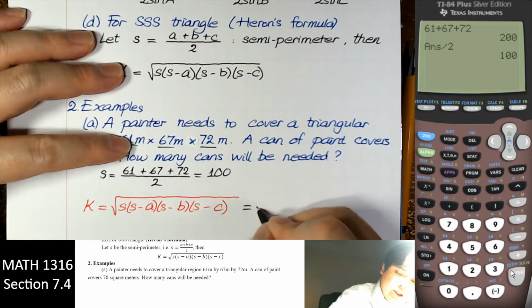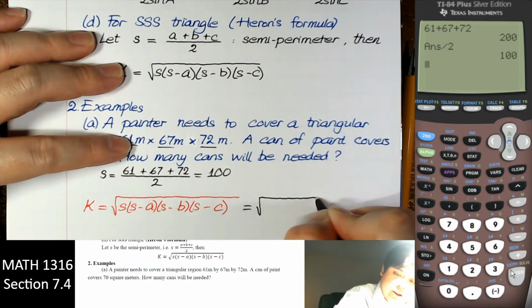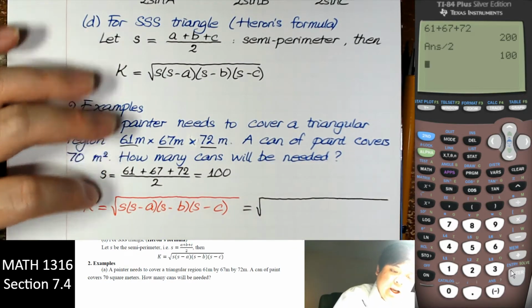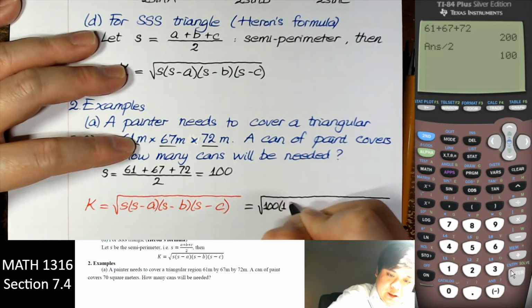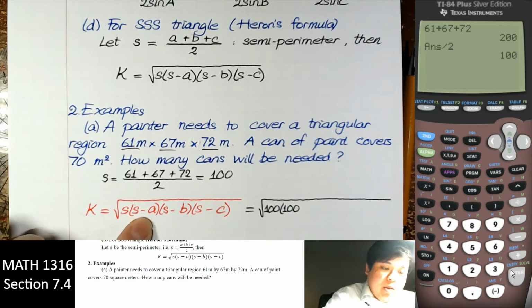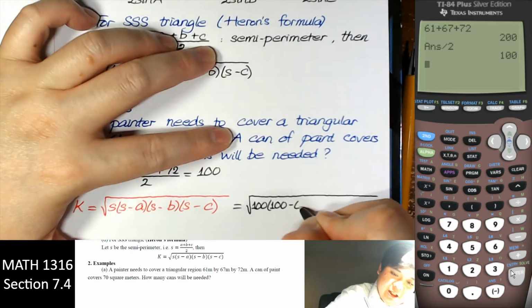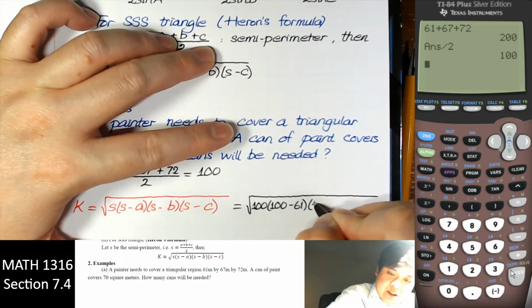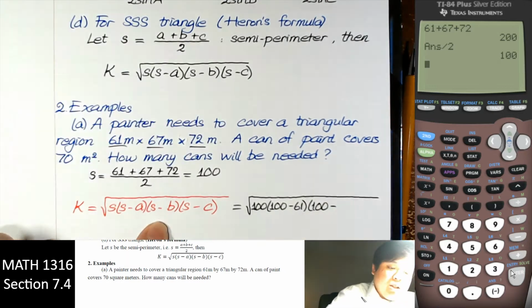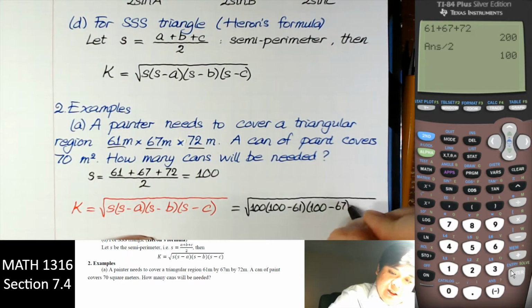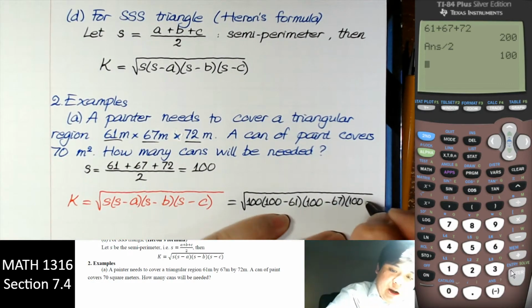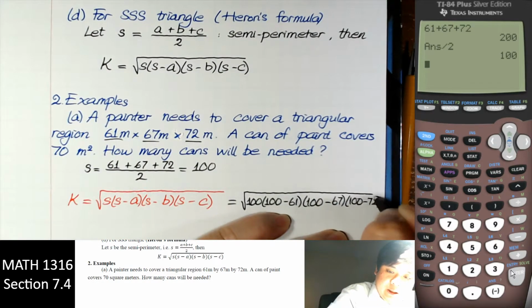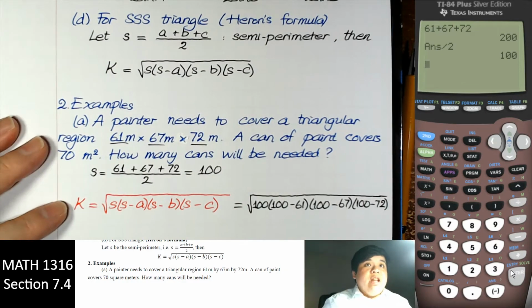So we have the square root, s is 100, so 100 minus a, 100 minus b, 100 minus c. And that gives us the area.